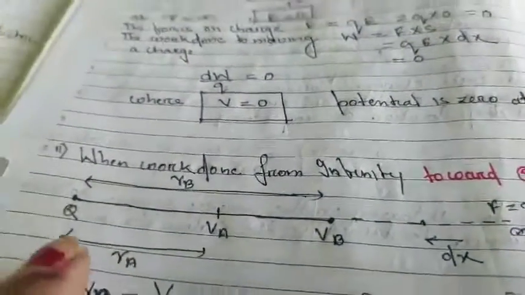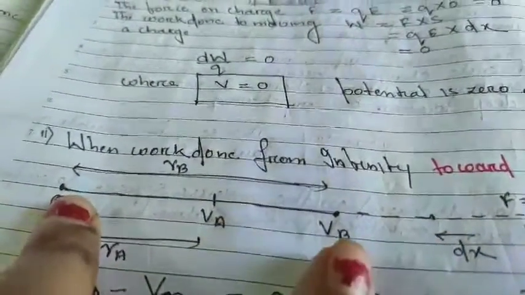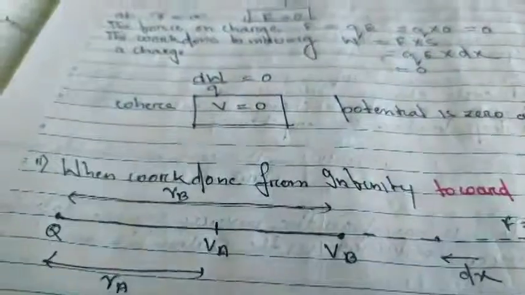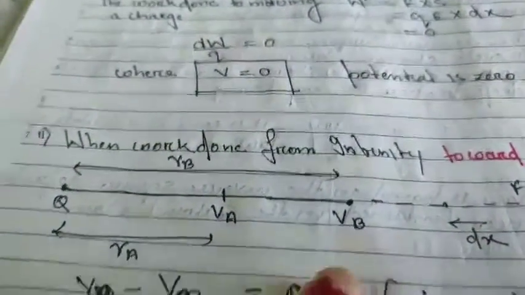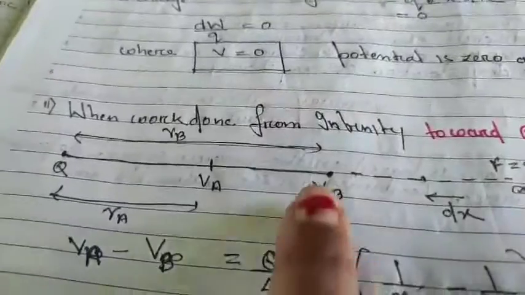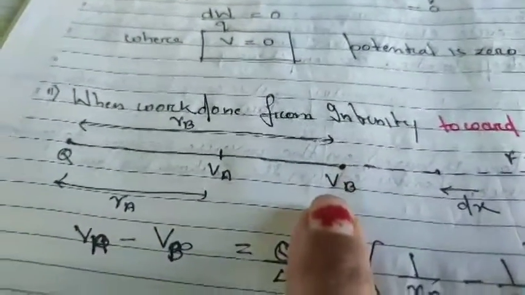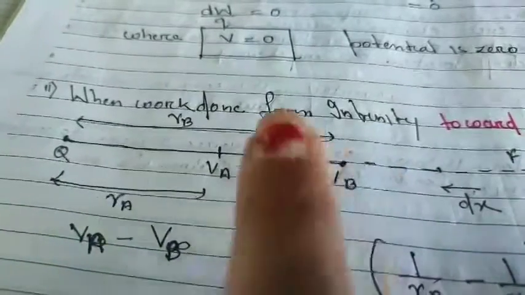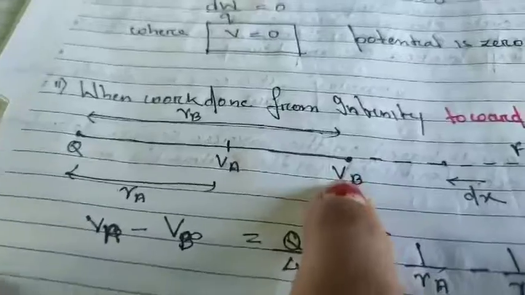Clear? So Q from A and Q from B. Clear? So what is the potential difference, means VA minus VB. Clear? But remember VB is till now at infinity, means you are doing the work to bring a charge to a point, but this time also the position is not at a certain point but at infinity.